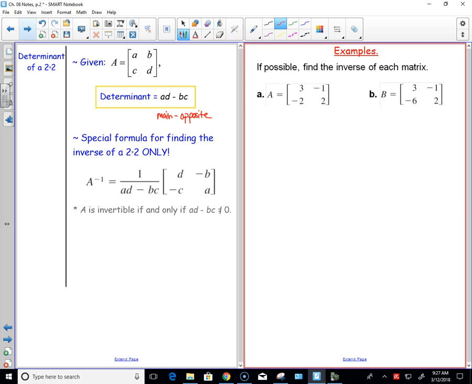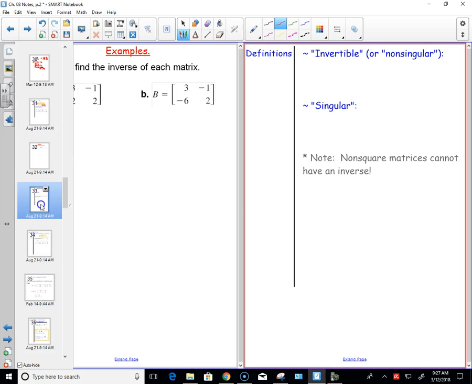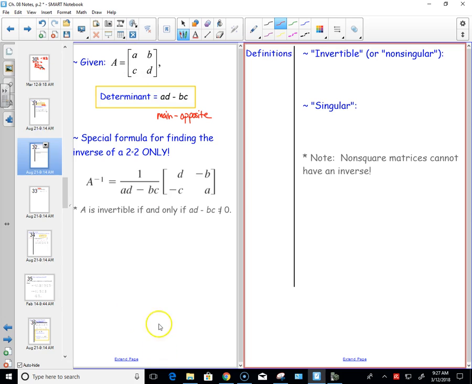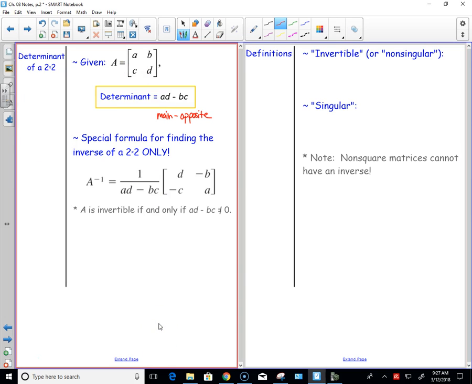That little invertible means an inverse exists.